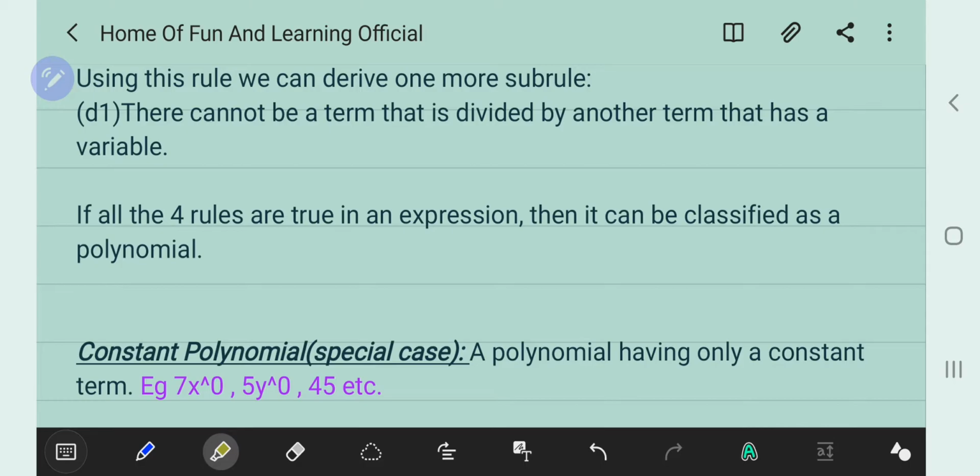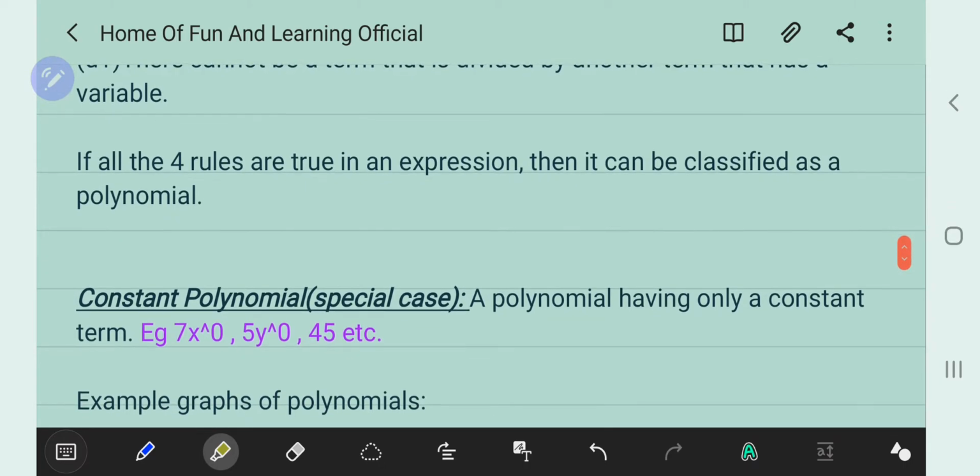For example, 7x to the power 0, 5y to the power 0, and 45, and etc. Okay, basically a constant, right? You can also call it a polynomial, but technically a polynomial is itself a thing that should have two terms, right? But some people accept this as a polynomial too, so I thought I will teach this also.